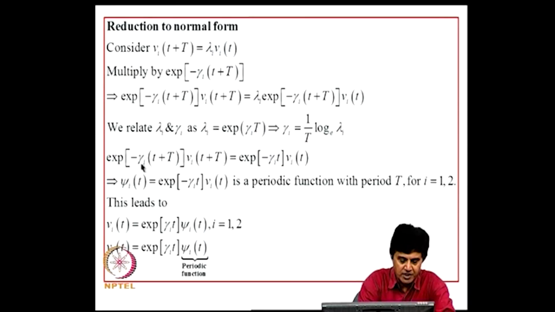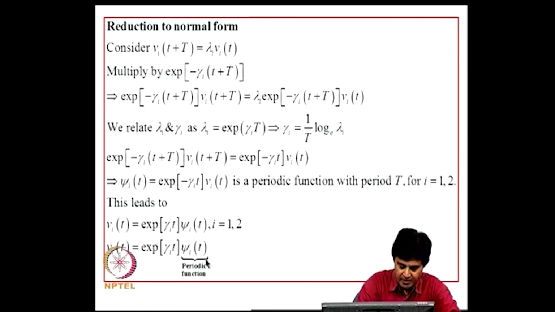Now, therefore, exponential of minus gamma_i (t plus T) V_i (t plus T) is exponential minus gamma_i t V_i of t. Now, if I call this quantity, exponential minus gamma_i t into V_i of t, as psi_i of t, it is clear from this expression that psi_i of t is a periodic function with period capital T. So, therefore, I can write V_i of t as exponential gamma_i t into a periodic function psi_i of t.